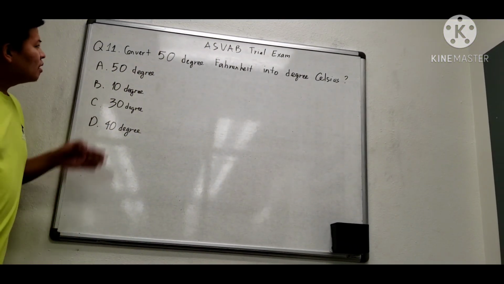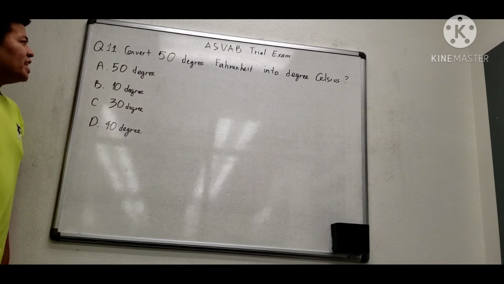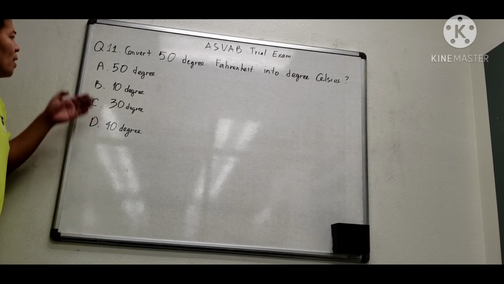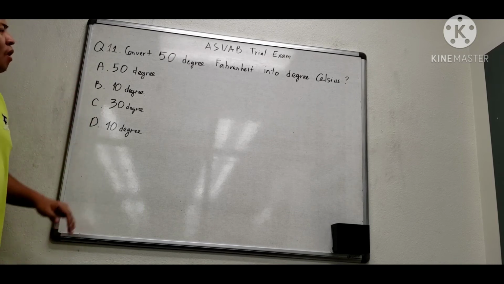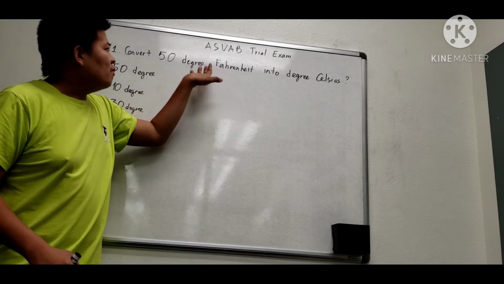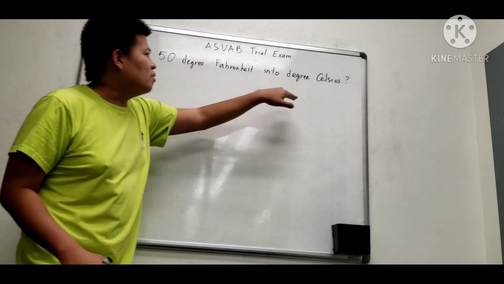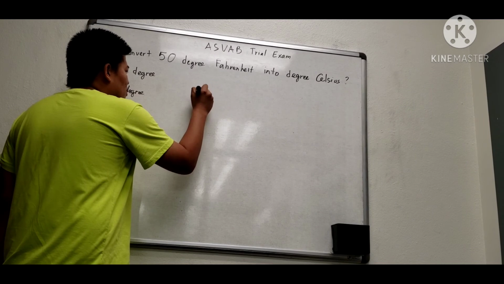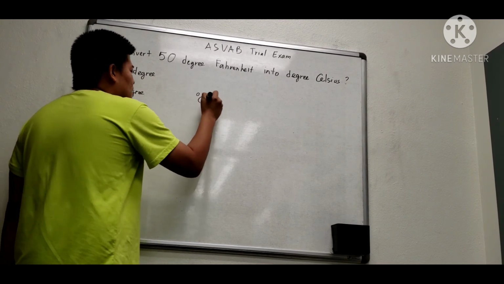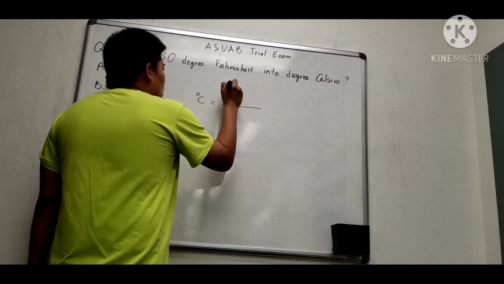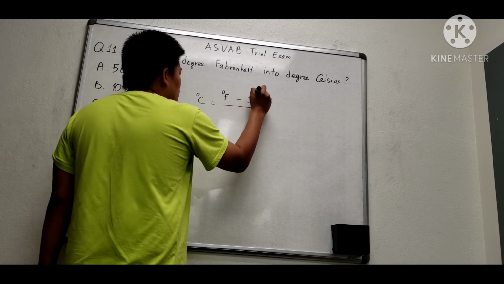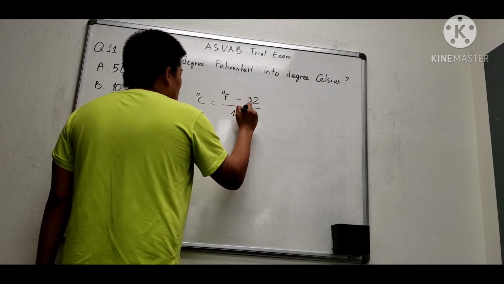Question 11. Convert 50 degrees Fahrenheit into degrees Celsius. We have A, B, C, D. So the question asks to convert degrees Fahrenheit to degrees Celsius. The formula to convert to Celsius is the degrees Fahrenheit minus 32, divided by 1.8.